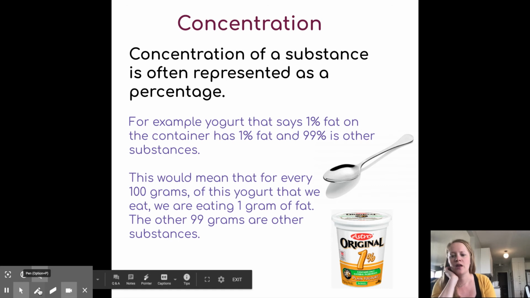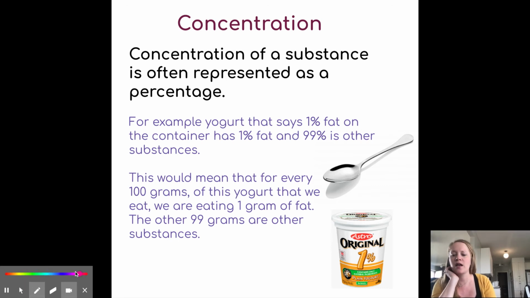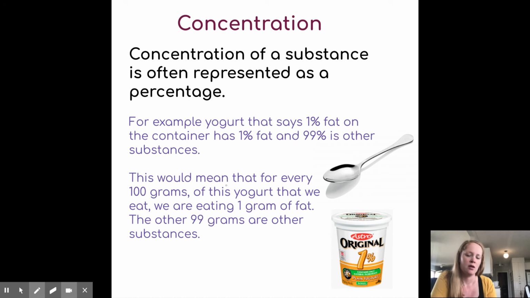So, what does concentration actually mean? Concentration is often represented as a percentage. If you were to look at a container of yogurt, it is going to have 1%. Even milk is going to have 1% or 2% or 3.25%. And that percentage tells you how much fat content is in it.